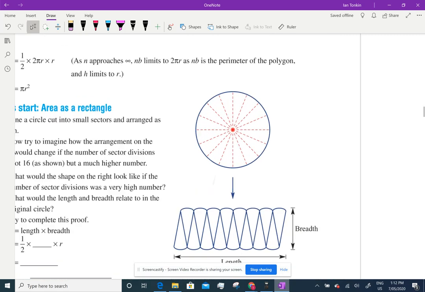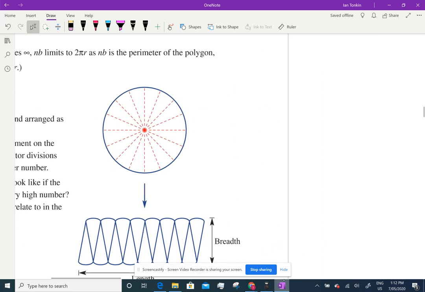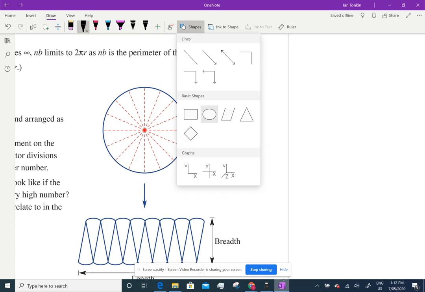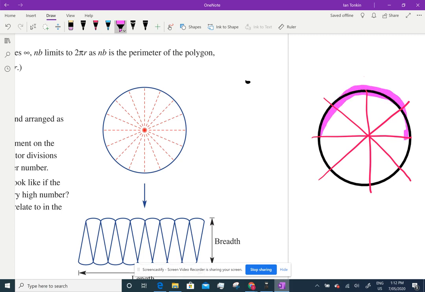So imagine we've got a circle and we cut it up. If I make a circle, and then cut this circle, slicing it into sectors, and then unfold this bit, I'd have 1, 2, 3, 4 sectors.